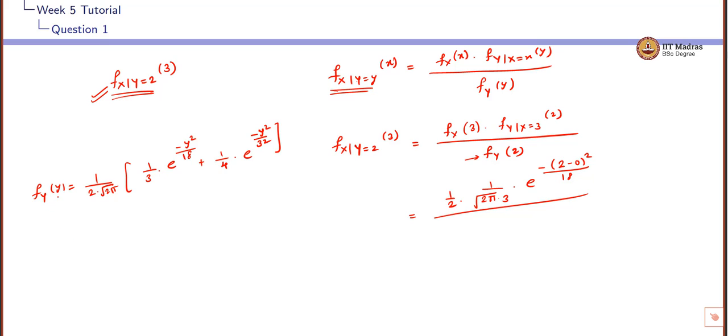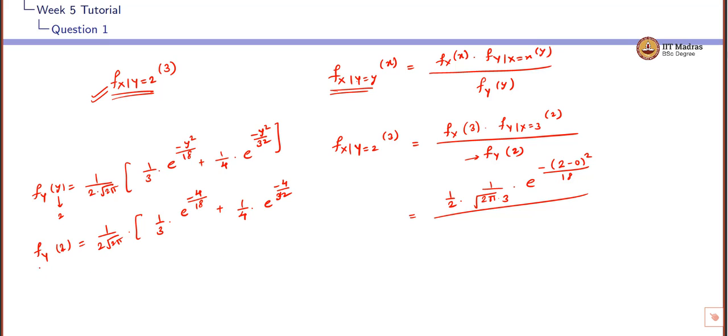By substituting the value of y, which is equal to 2, in this equation, how can we write the marginal here? Fy of 2 is equal to 1 upon 2 into root 2 pi into 1 upon 3 e to the power minus 2 square is 4 by 18 plus 1 upon 4 e to the power minus 4 by 32.